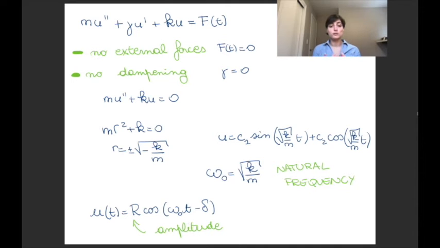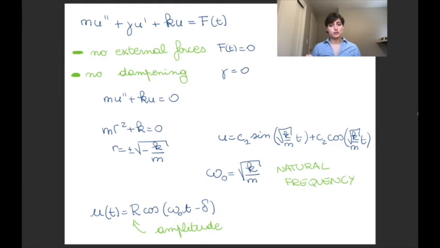We call it omega 0, the natural frequency. So if you have a mass hanging on a spring with no dampening, it will naturally get to a given frequency if you're not touching it.